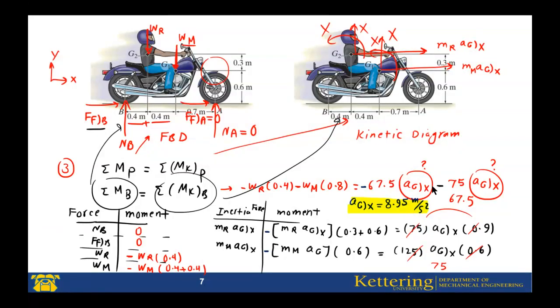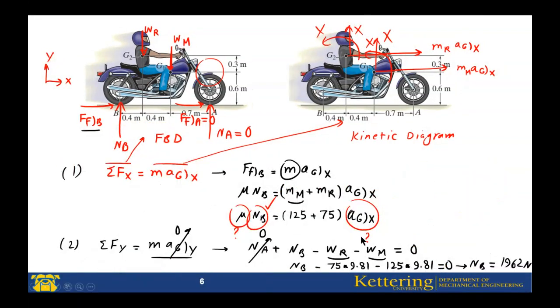Now we have the acceleration of the center of mass. We can find other unknowns. If you return back to here, we found the normal force. Now we have the acceleration, we can find the coefficient of friction.